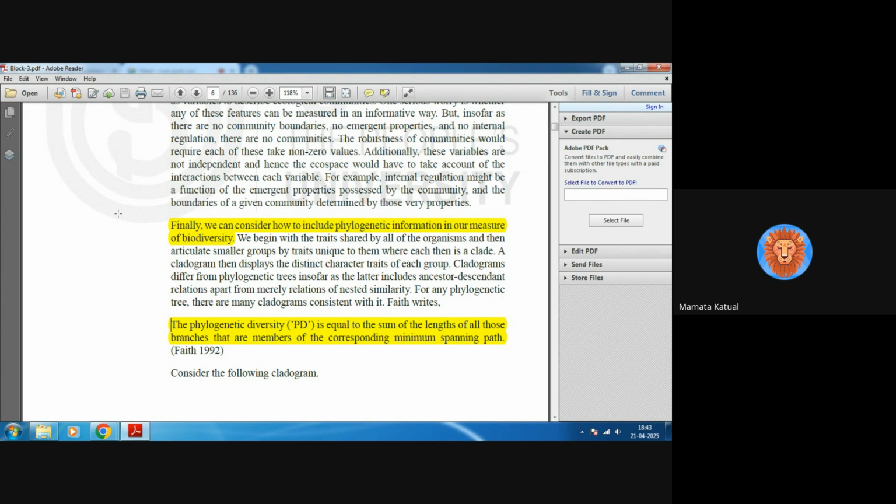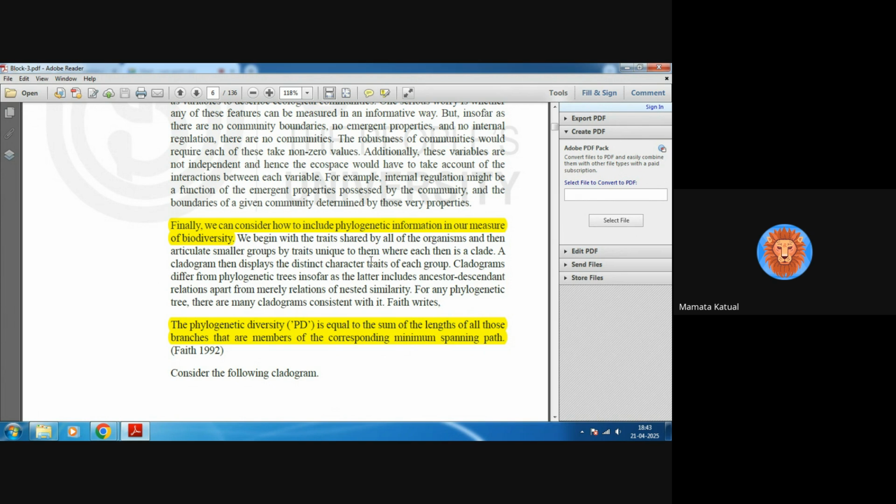So in the phylogenetic diversity study, or PD, we have to study the traits or the characters present in the species.